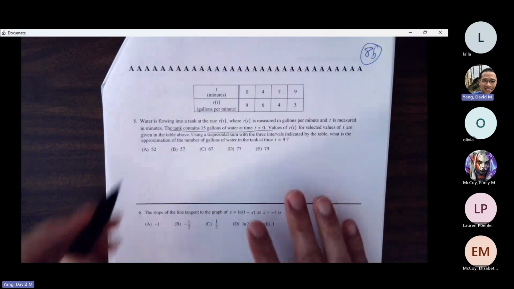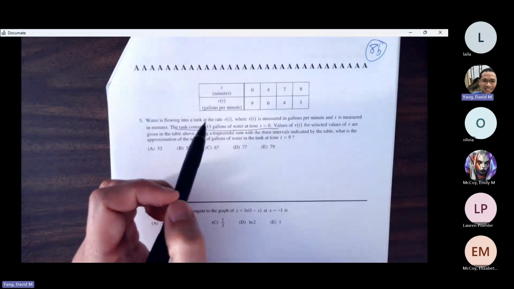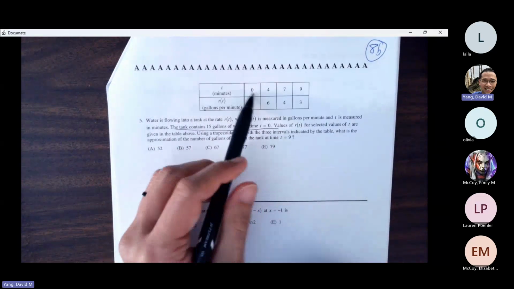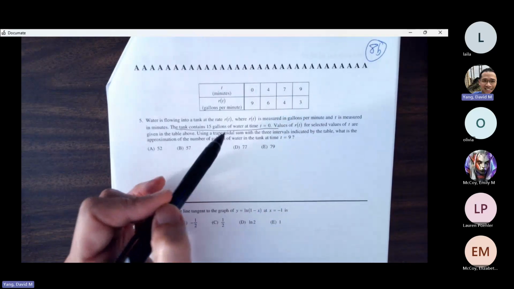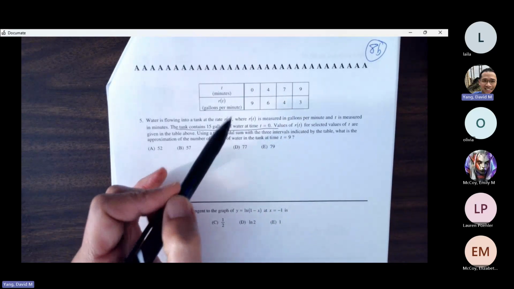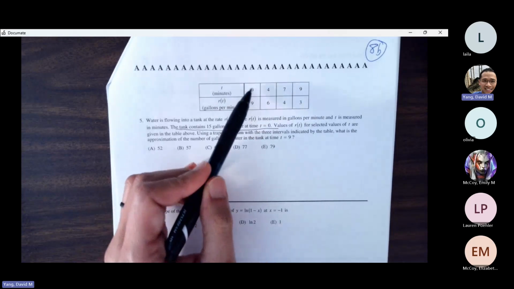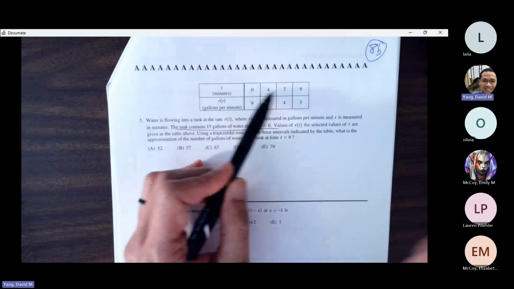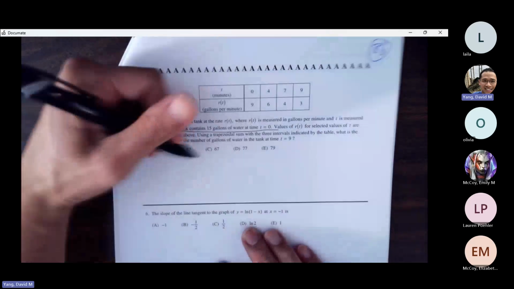So I like to think in terms of, okay, the accumulation of water into the tank, we can use trapezoid approximation. However, there's already water to begin with before we begin this accumulation of additional water into the tank. So we have to think about 2 things here.